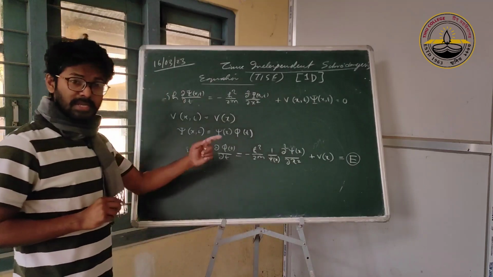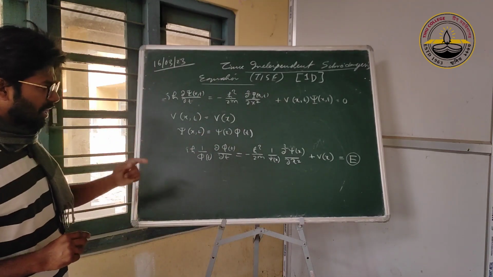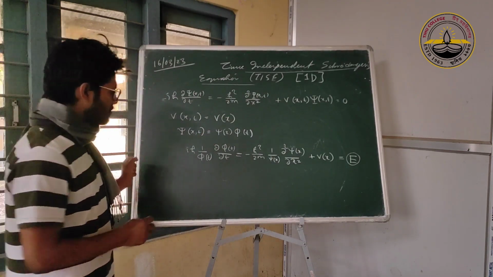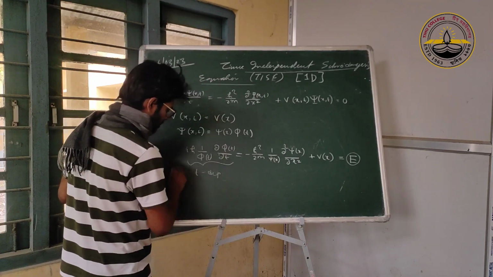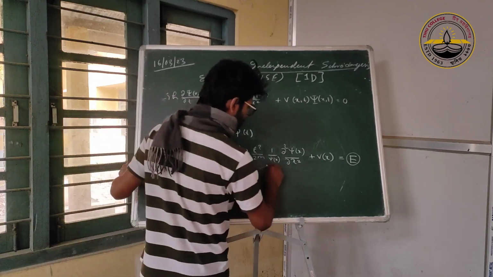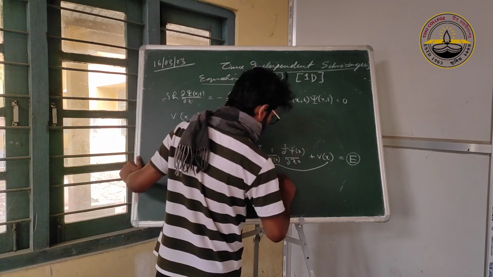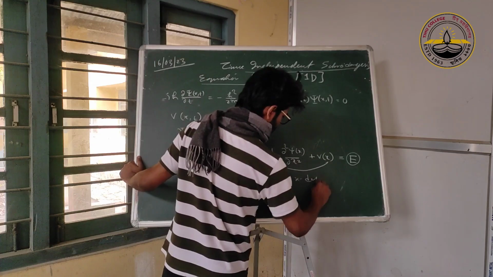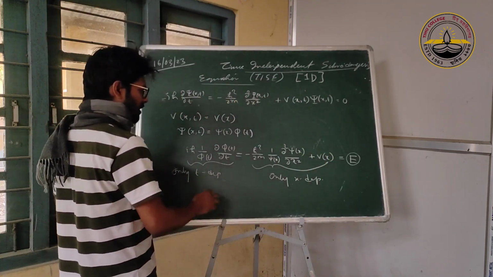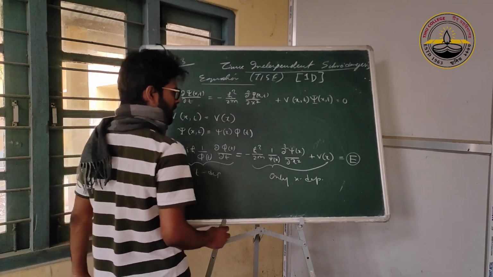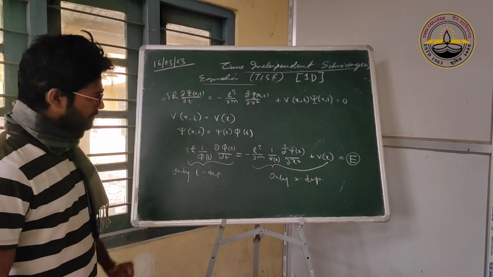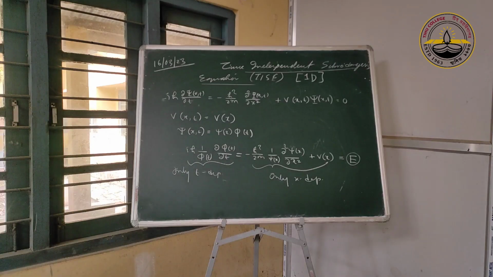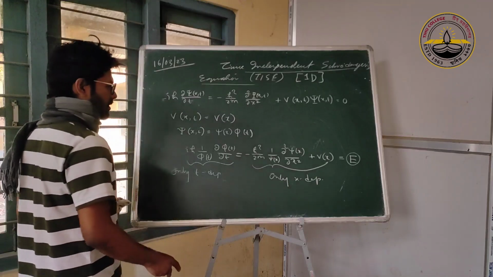We yet don't know what E is, okay? But at least it has to be a constant, because this piece is only t dependent, and this piece is only x dependent, and therefore they're independent, yet equal, so they have to be equal to this constant E. Okay, so this is our case.